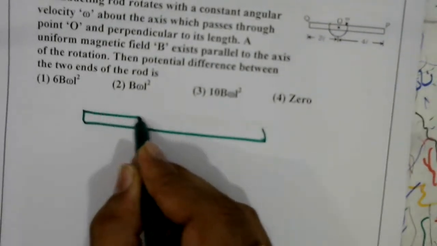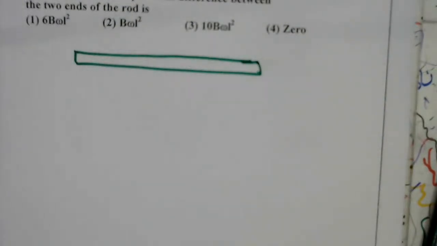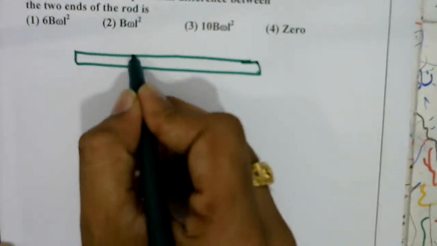Question number 24. In this one, we have to remember the direction. Concentrate on the right hand rule and the left hand rule. They are very important, and questions will come based on them. Here the rod is rotating about this axis.